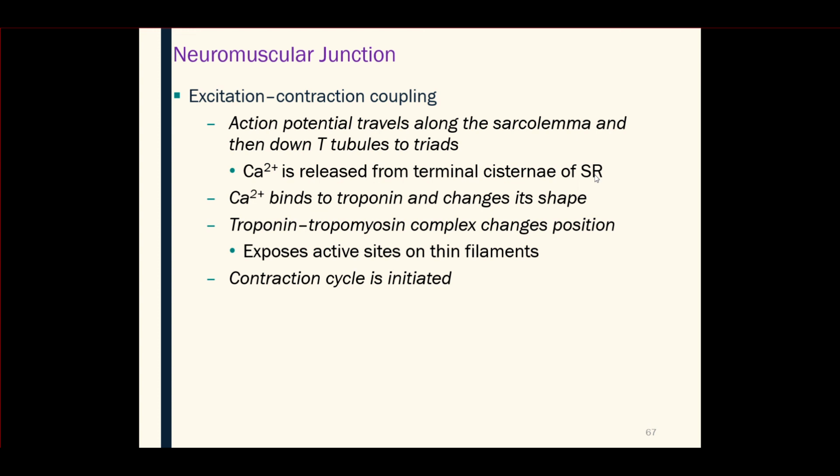That calcium floods the sarcomere and it binds to troponin. We said before that troponin is going to then change its shape and it pulls the tropomyosin away from the active site and we expose the active site. At that point, the myosin head is going to jump up and we're going to then start the contraction cycle, which again I'm going to talk about in the next lesson.